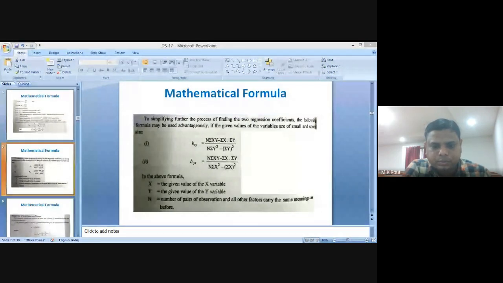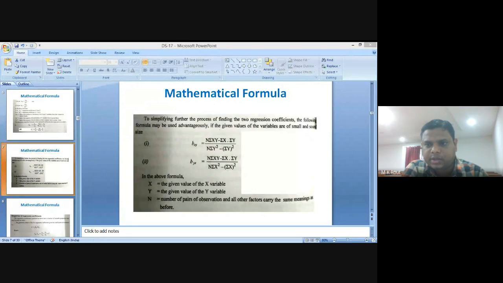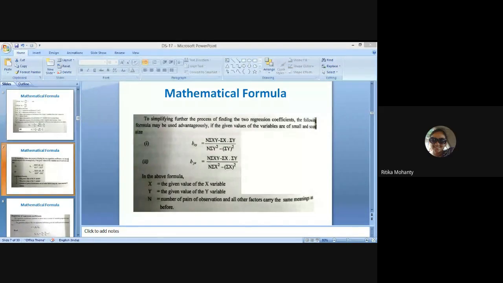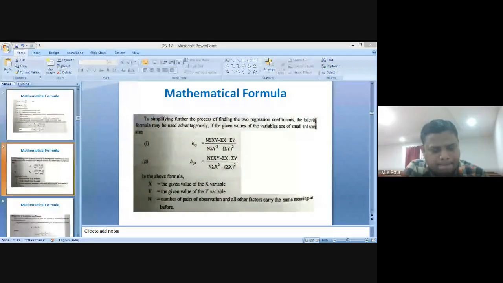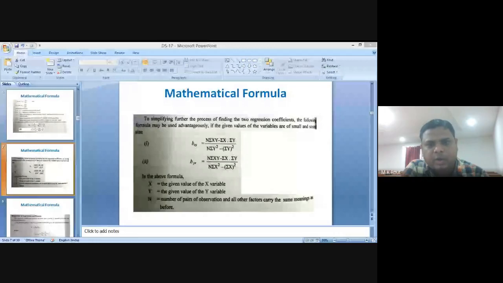Is it finished? Rakesh, have you finished? Sir, in the first equation, in the denominator, is there some y bar or is it only sigma y square? The bxy formula is applicable to different types of methods.